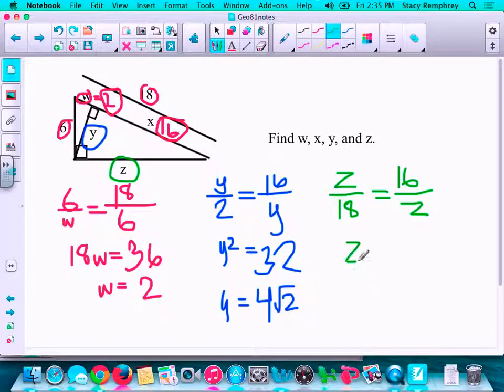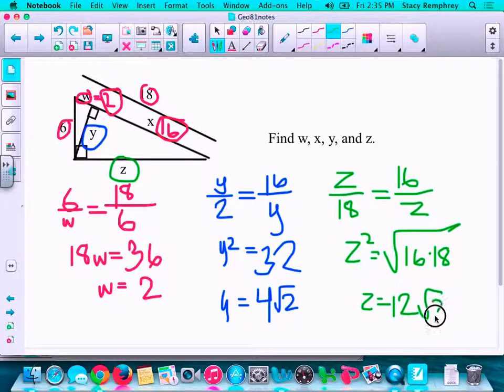Okay, well that gives me z squared equals, I'm not going to multiply that out because it's going to be hard for me to simplify that number. Again, some of you can do that in your head, so go ahead. Whatever you do, you should end up with z equals 12 root 2.